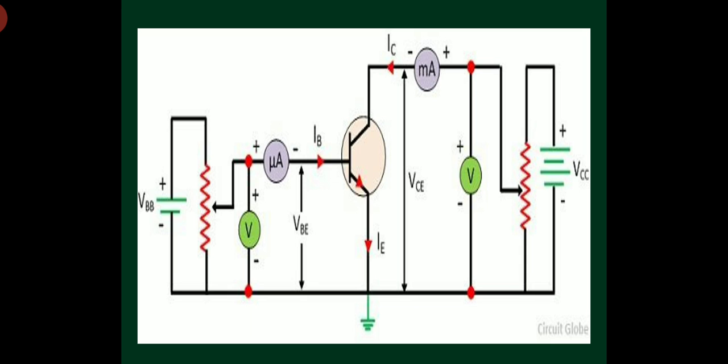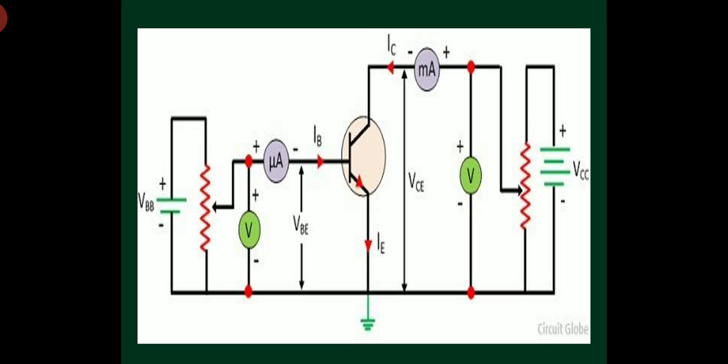So the voltmeters measure the voltage at the input and output terminals, right? VBE is the voltage developed at the base and emitter region, and VCE is the voltage developed at the output junction.